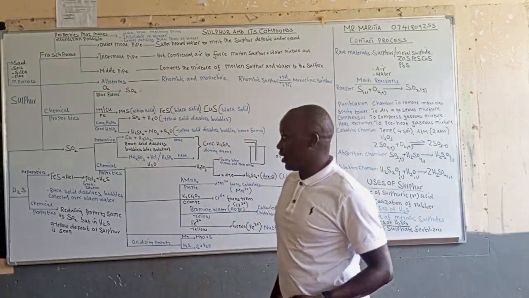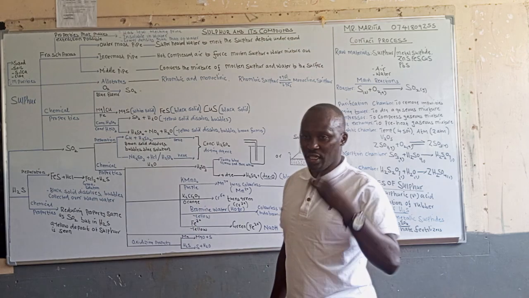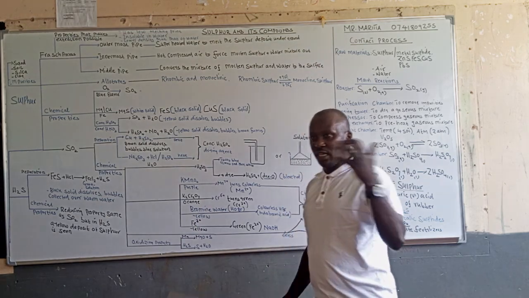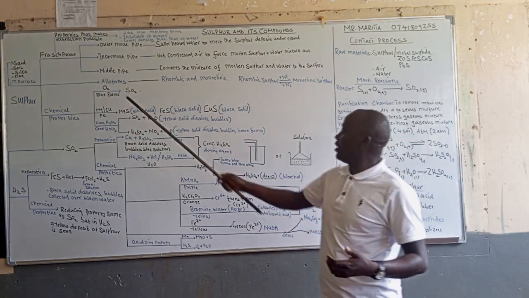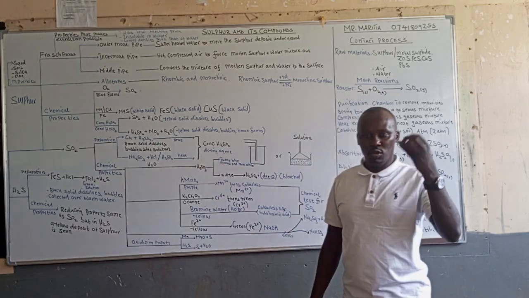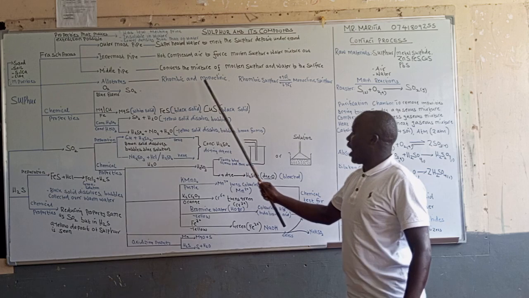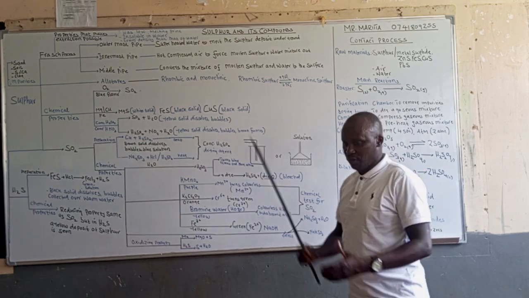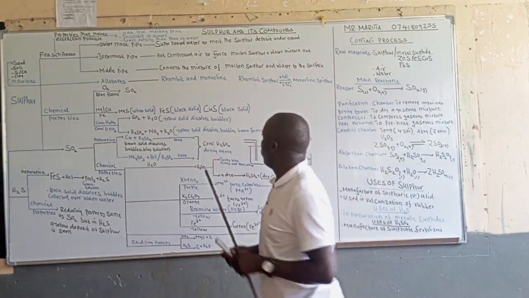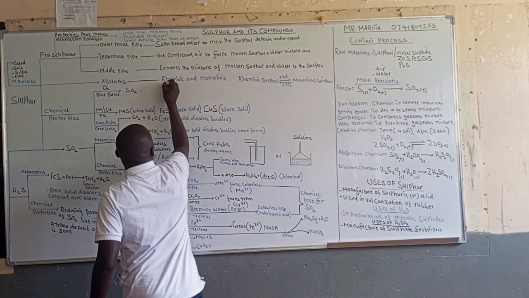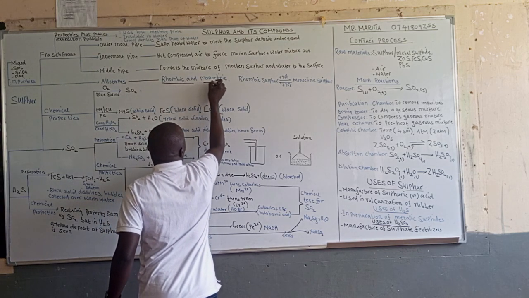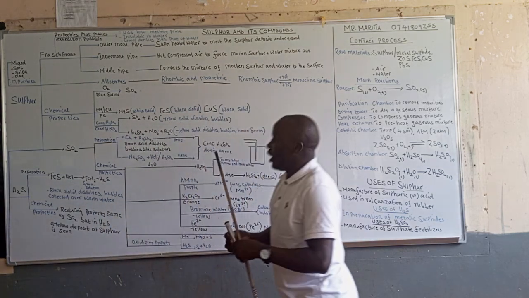Now from there, we have the allotropes of sulfur. Allotropy is the existence of an element in more than one form in the same physical state. Like in carbon, sulfur also exists in allotropes. There are two allotropes of sulfur: rhombic sulfur and monoclinic sulfur.